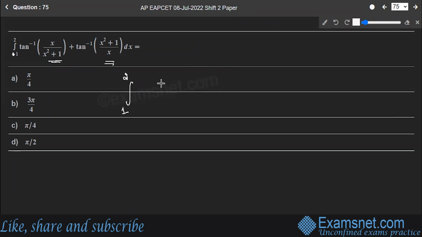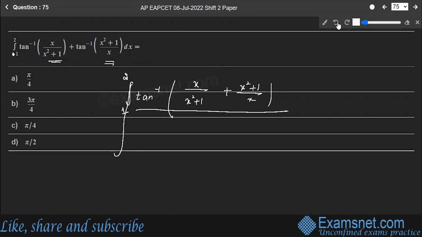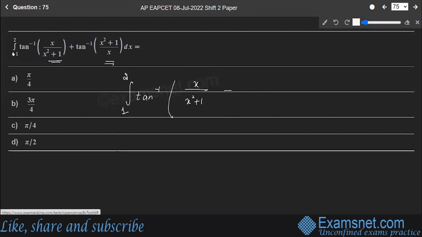So from 1 to 2 limits, in any way, tan inverse A plus tan inverse B can be written as tan inverse of A plus B divided by 1 minus AB. Wait, I'll rewrite.